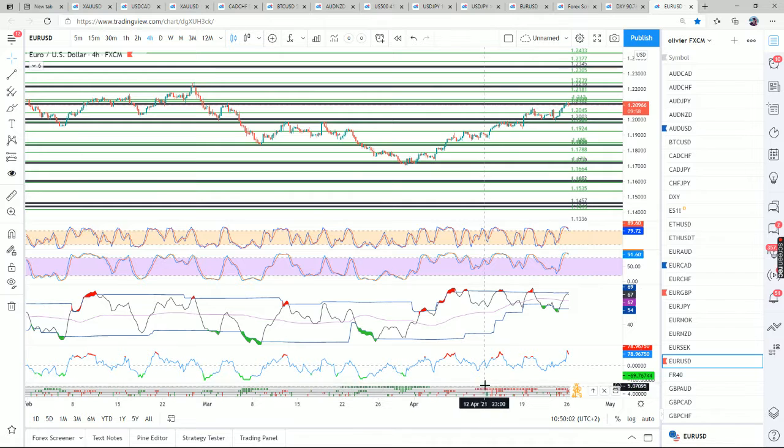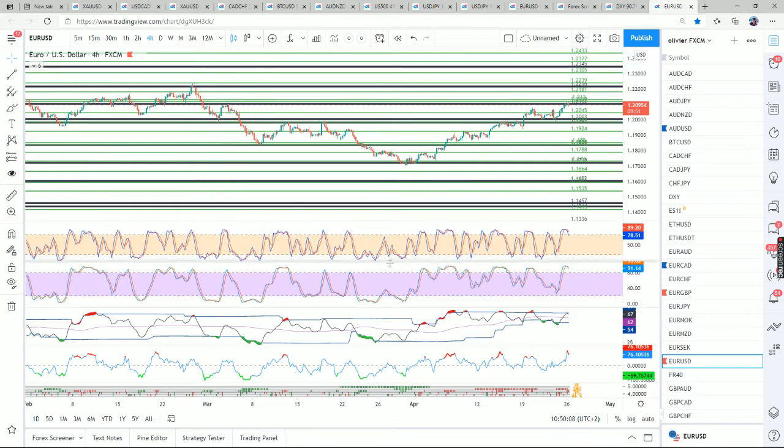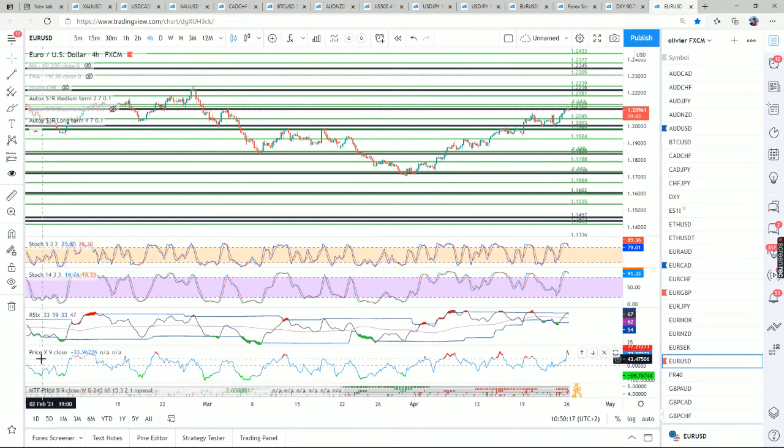The last one here is the same as this one on many time frames in one view, so it's a multi-time frame. So what do we use? We use 2 stochastics, this one which is called the RSIX and this one which is a PRICE. So those indicators are the ones we are using.